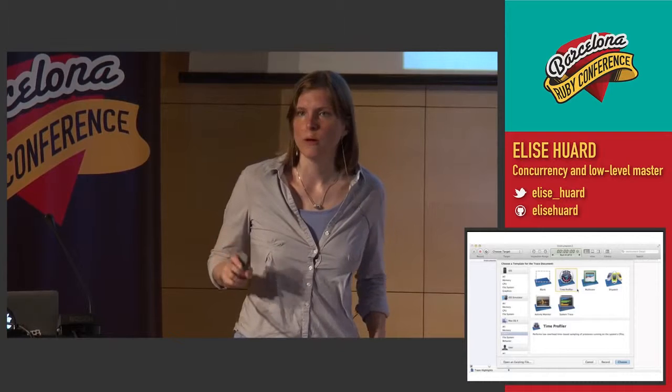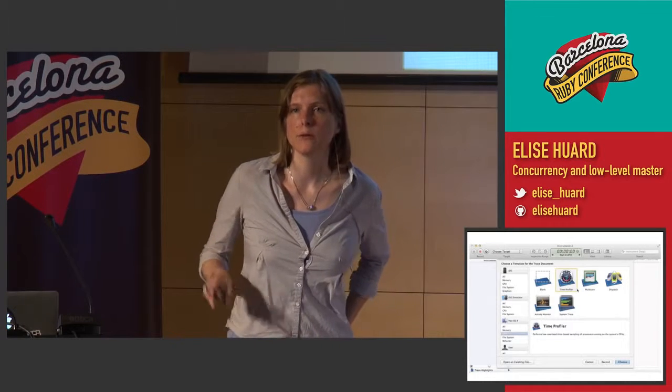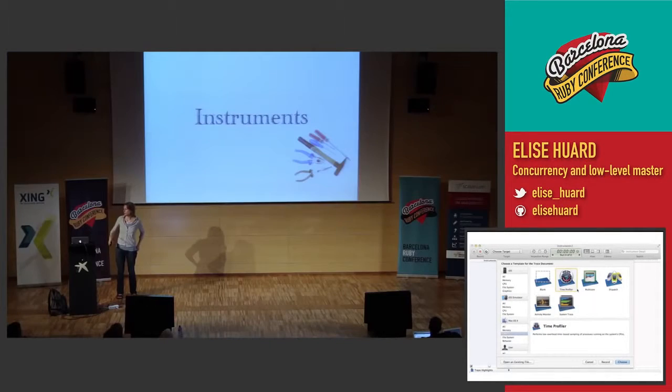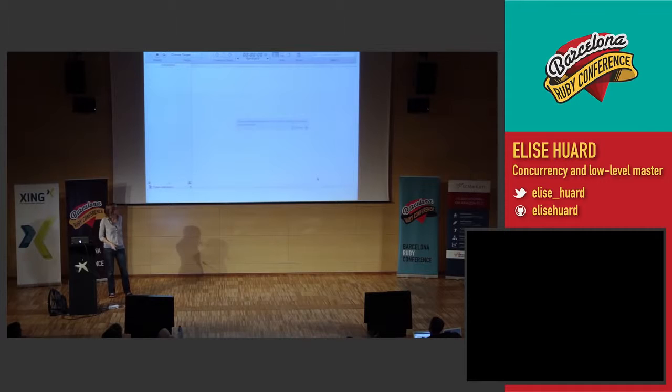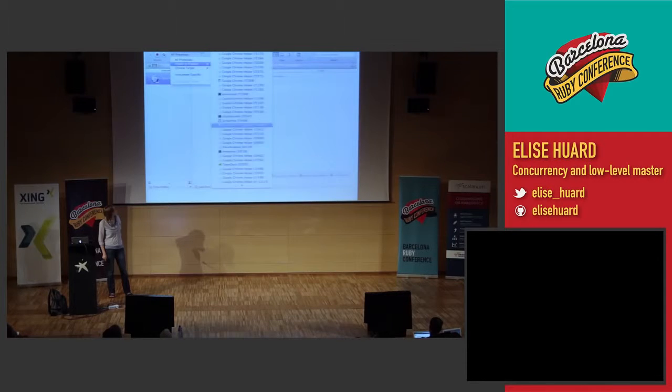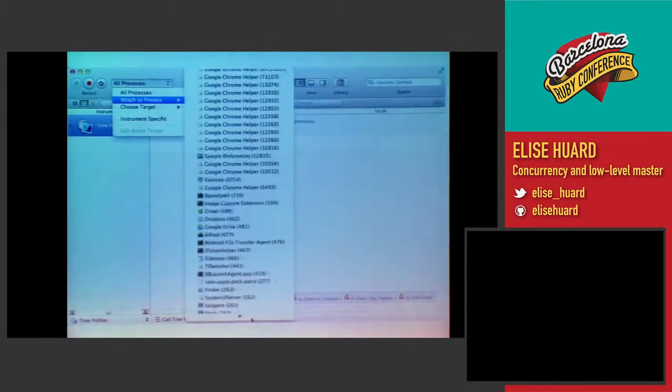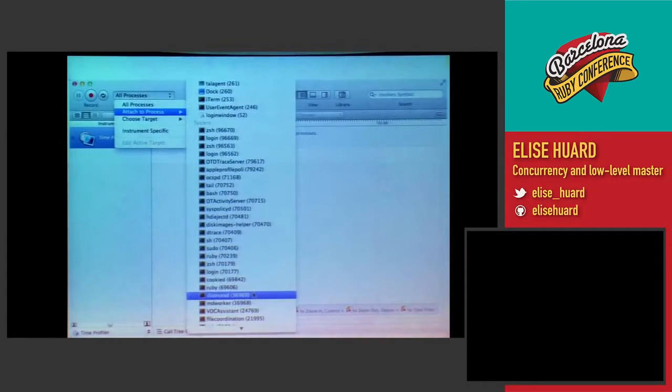So if you're more into pointy-clicky stuff, you can use Instruments instead of using the command line. There are a number of standard options for Instruments where you just pick a template that's there, and you attach to your process.